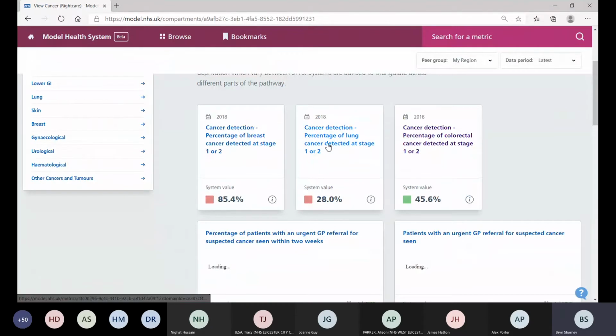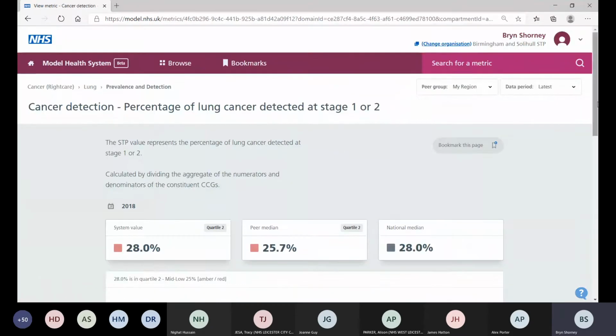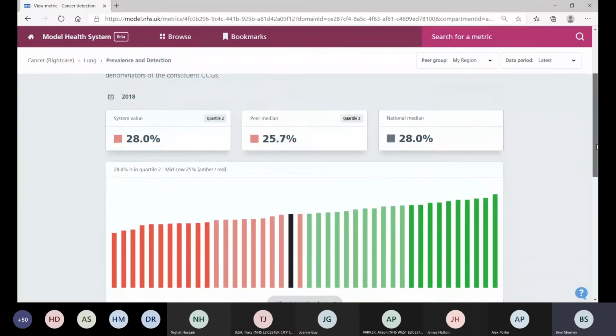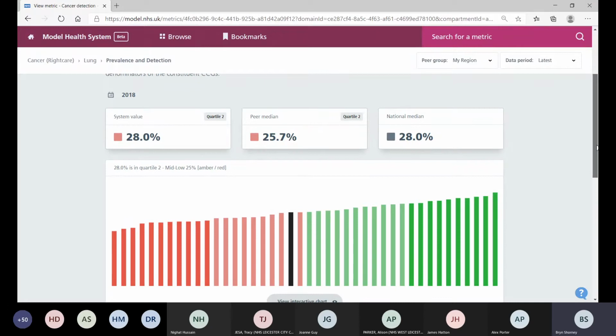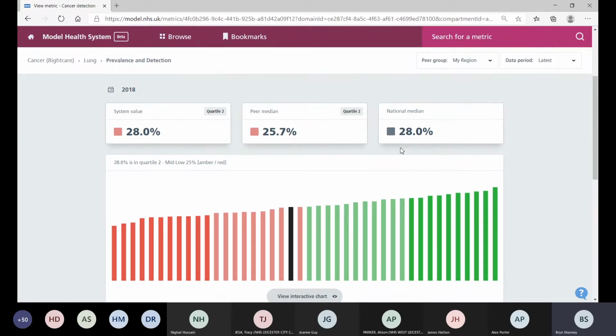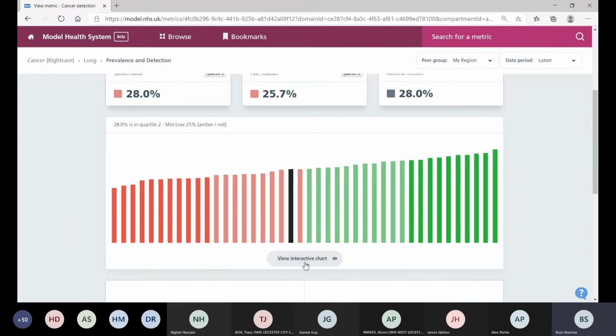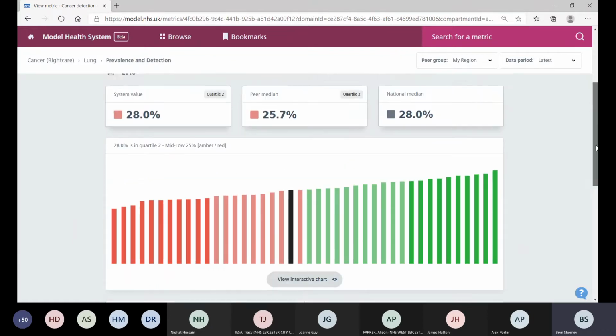You can click through into any of these, and see the system value being 28% and the national median being 28%. So this STP is very much average in terms of that indicator.